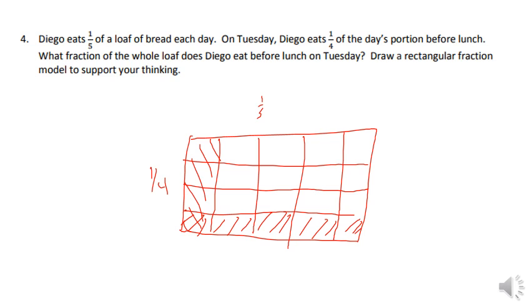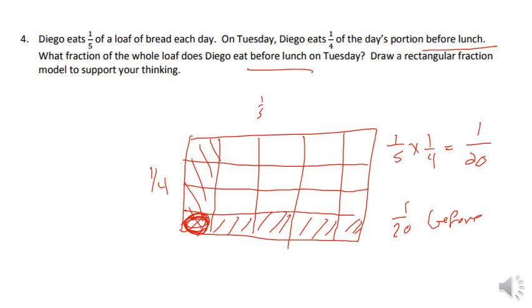Because it says before lunch, and the question said what fraction of the whole loaf does he eat before lunch? Okay, so now we can see this is 1/5 times 1/4, and this is the only part that is common, and it's a 4 by 5, so we know we're going to have a denominator of 20, and there's only 1, so he eats 1/20 before lunch.